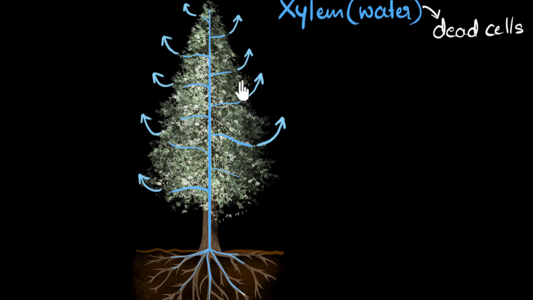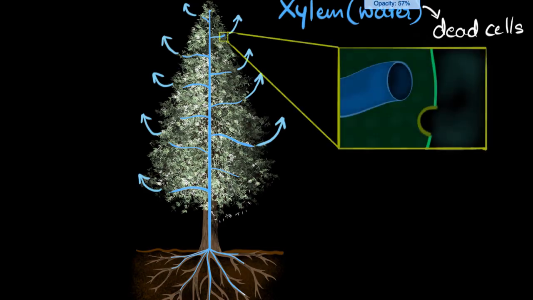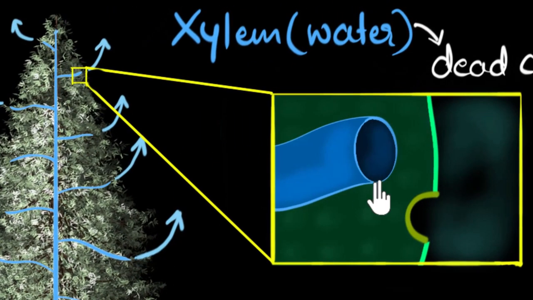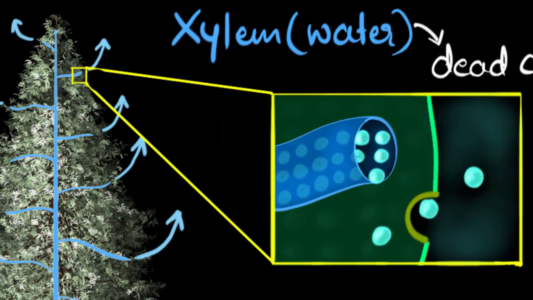Well, to figure that out, let's zoom into one of these leaves. So let's say that this is that same xylem tissue that we just talked about, made of dead cells. And let's say this is one of the leaves, a highly magnified view, you imagine. And this is one of those pores, the stomata, through which the water can go out. Now, if we draw some of the water molecules, imagine these are individual molecules of water.